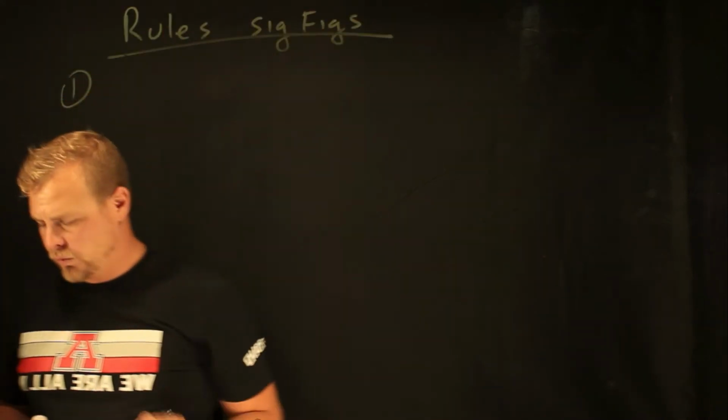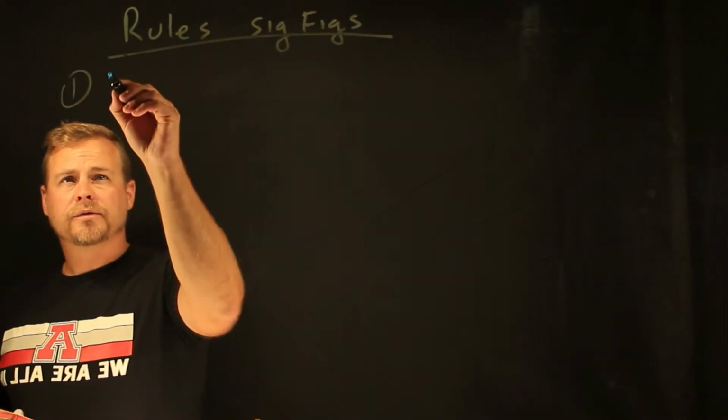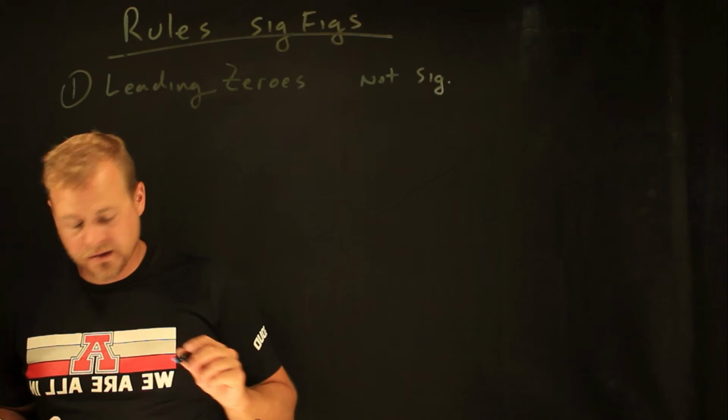Okay, now the reason sig figs are such a pain to everybody and they always hate them is because every time you open a textbook and you try and understand significant digits, every single textbook is going to lay it out a little bit different. We're going to go with these rules. Number 1, leading zeros are not significant.